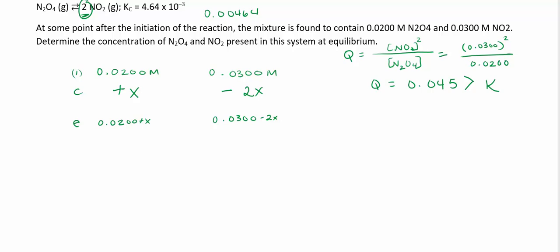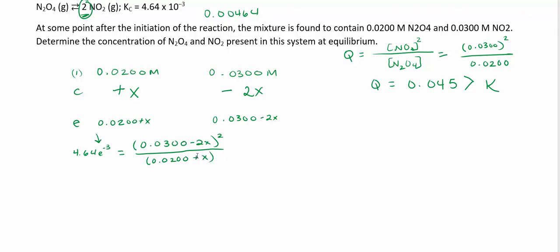So now I can fit this into the K equation using the value that I was given for K. So my 4.64 times 10 to the negative third, and this is just another way to represent that. It's nothing special. And that's going to be equal to the value of my product at equilibrium divided by the value of my reactant at equilibrium.